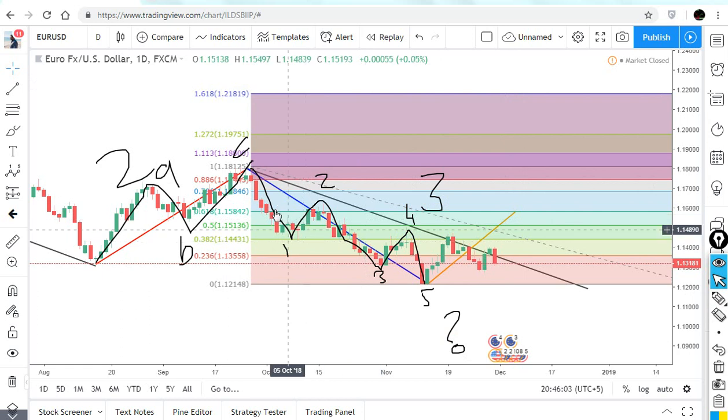How? We have the Fibonacci rule that when we see a downtrend, we trace our Fibonacci tool from down to up, right? But in this way, for seeking your future, you have to trace it from up to down.